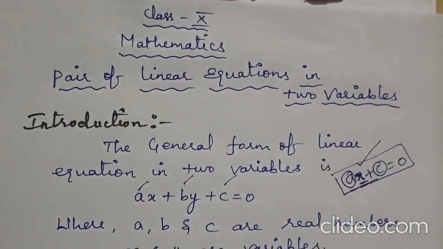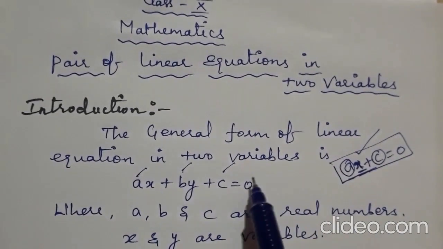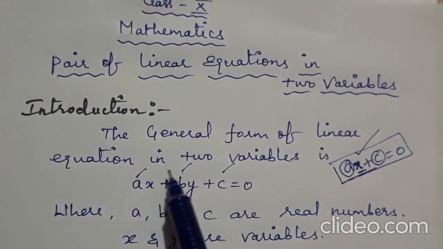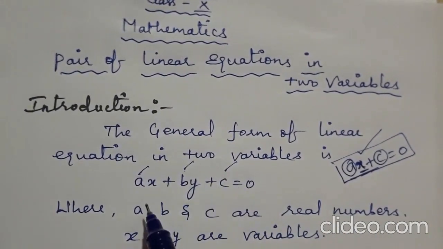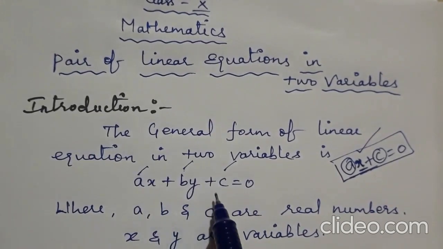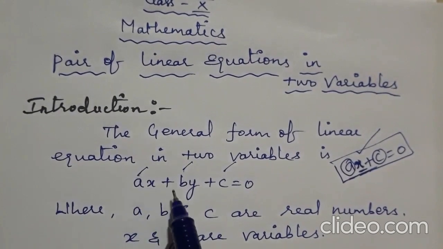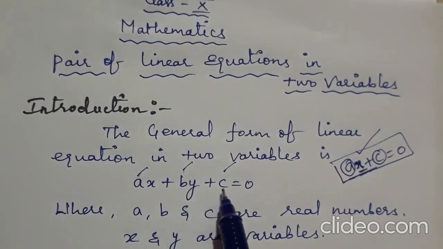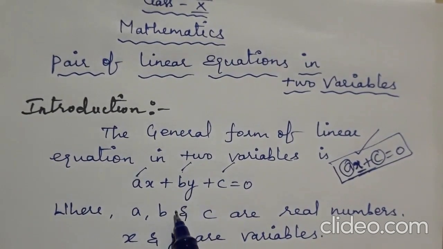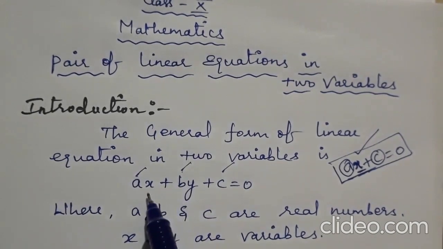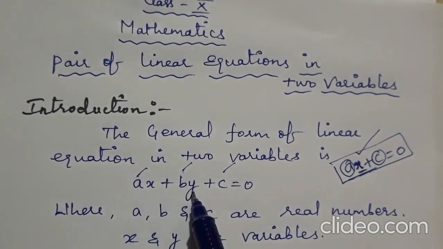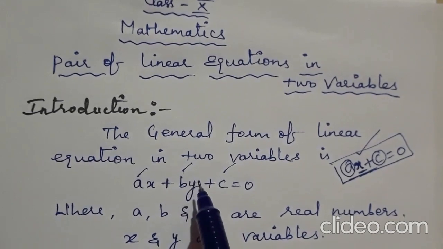So in that, the general form of a linear equation in two variables is ax plus by plus c is equal to 0. Here a, b, c are the real numbers, that is constant values. x and y are the variables.